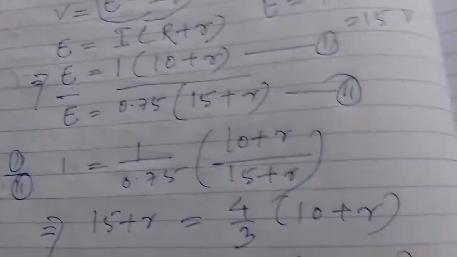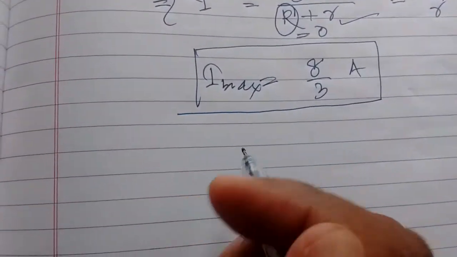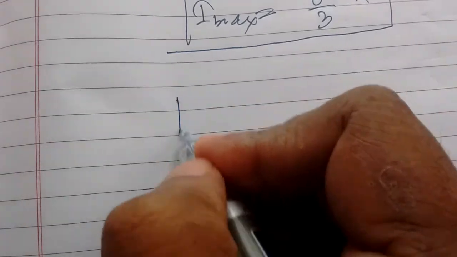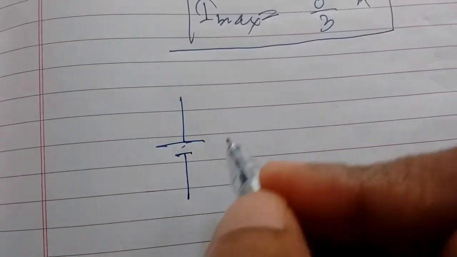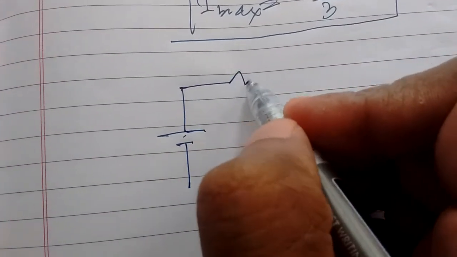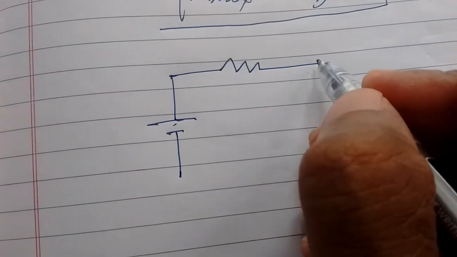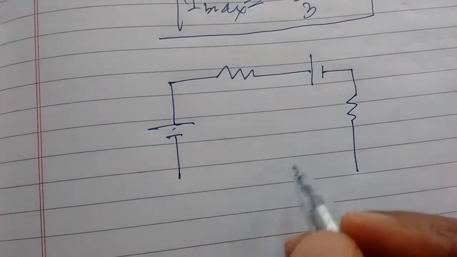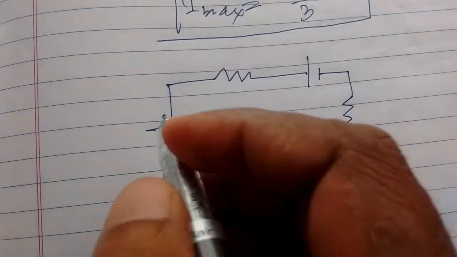You might not have got anything from this definition. Let me explain again. Let there be a circuit. This is a circuit. There could be other elements also, capacitors, inductors, like that.